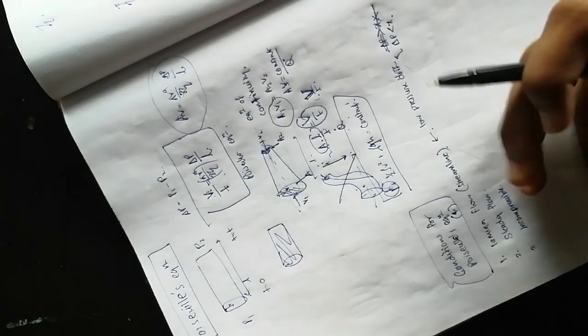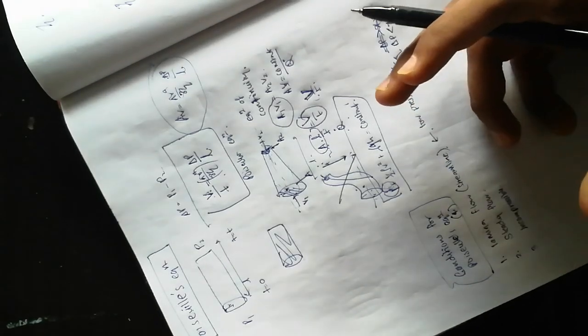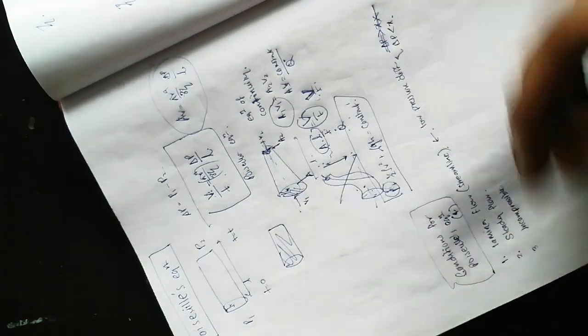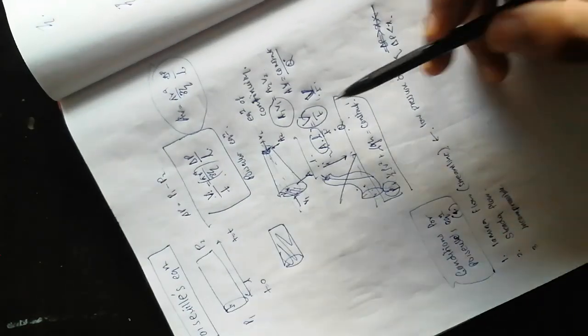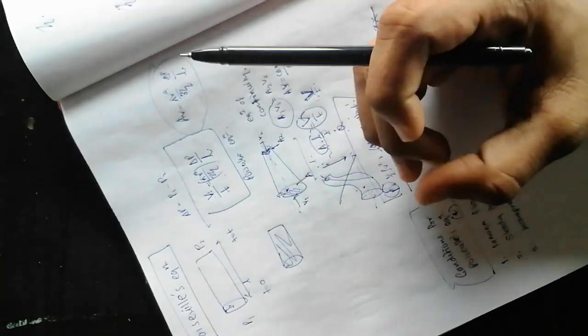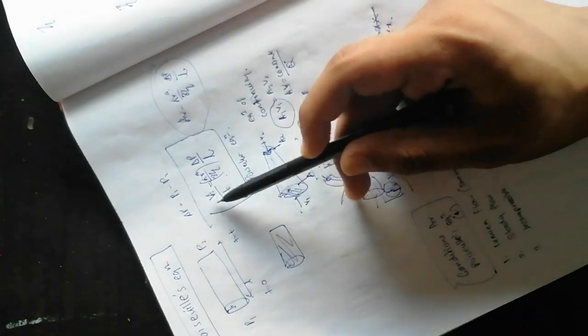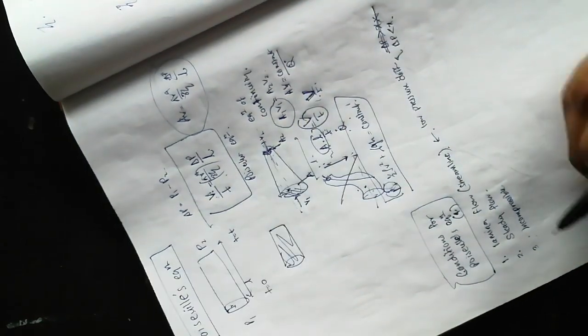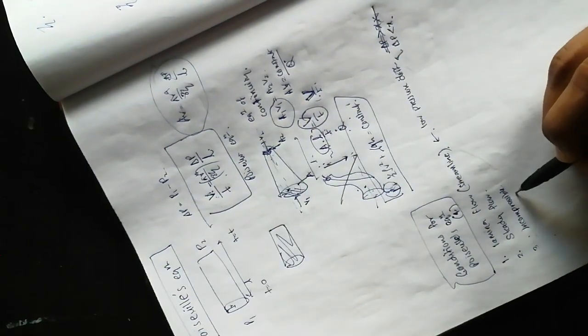That means when you apply a pressure, the liquid shouldn't reduce its volume. Then only the same volume will be flowing. Or else how can you apply this equation? How can this volume be constant if the liquid is getting compressed? This volume will reduce, so this equation will be invalid. That's why that is a condition for this equation. It should be incompressible.